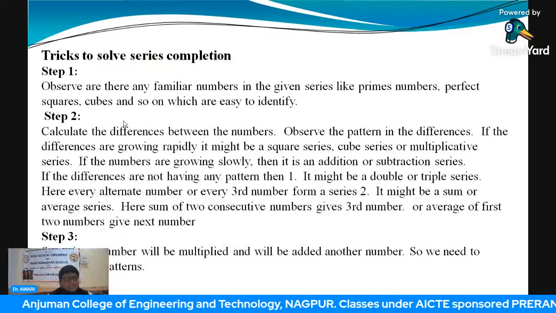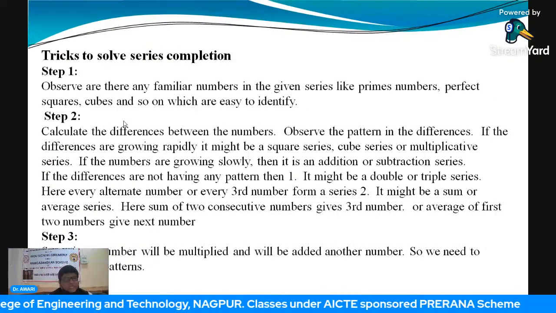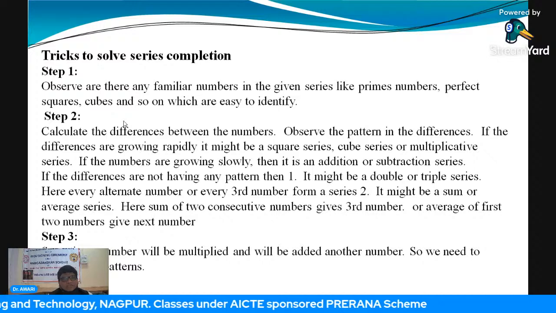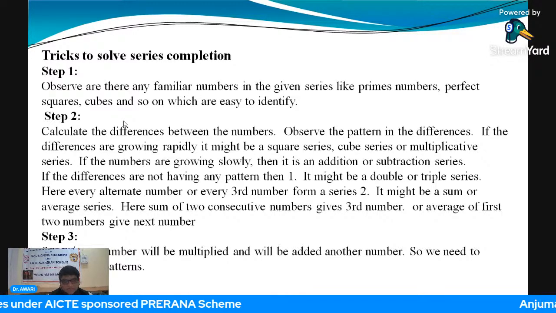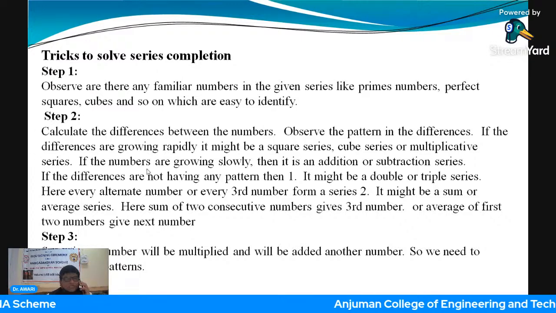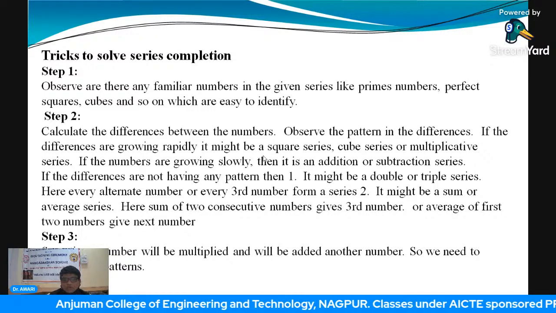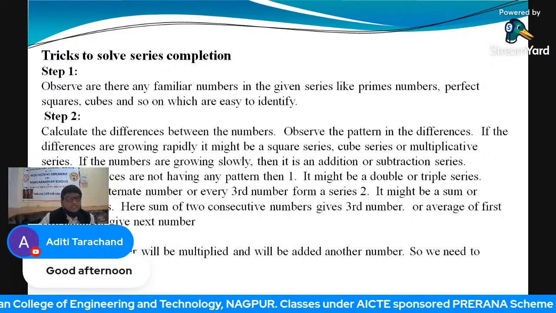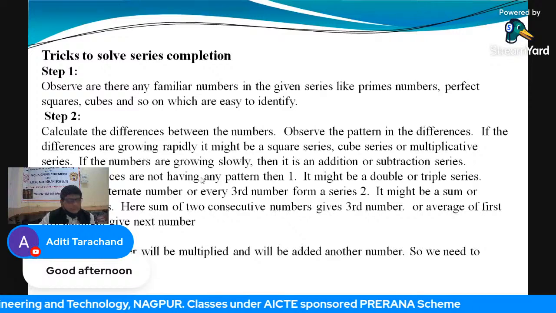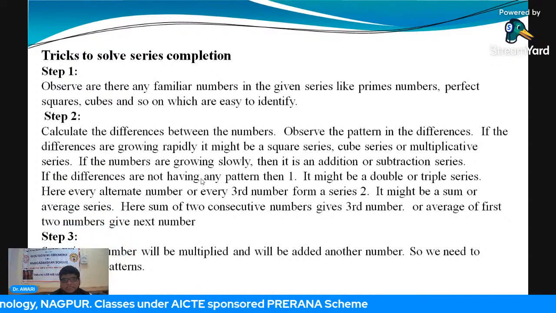Then the next step is to calculate the differences between the numbers and observe the pattern in the differences. If the differences are growing rapidly, it might be a square series, cube series or multiplicative series. If the numbers are growing slowly, then it is an addition or subtraction series.